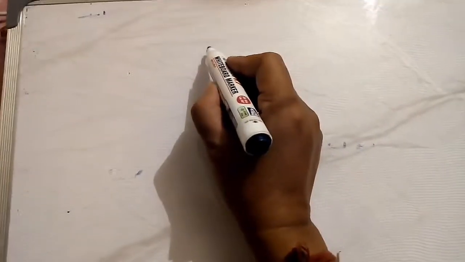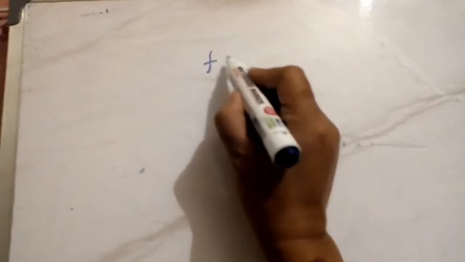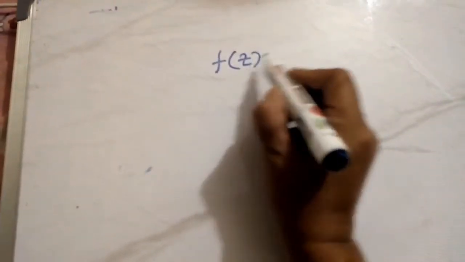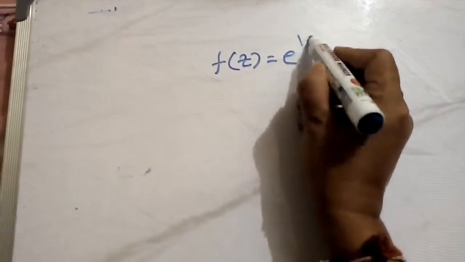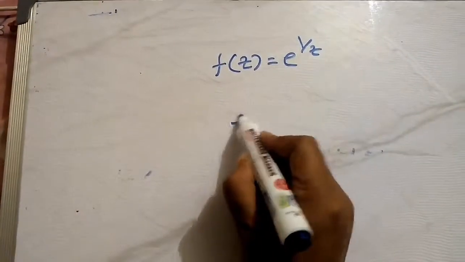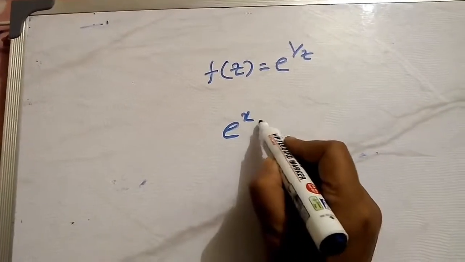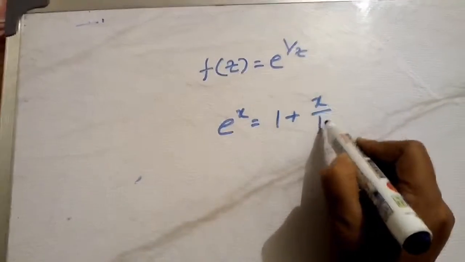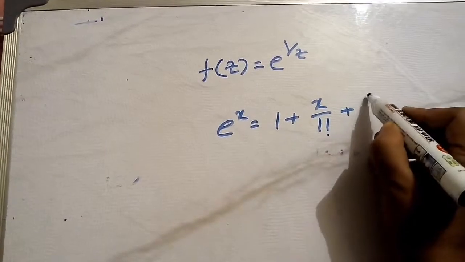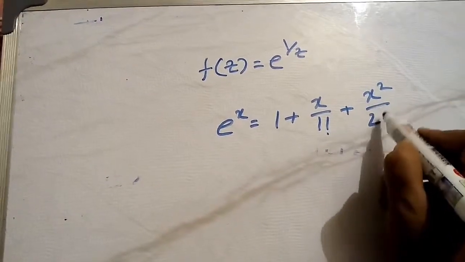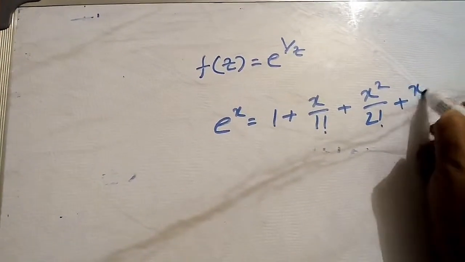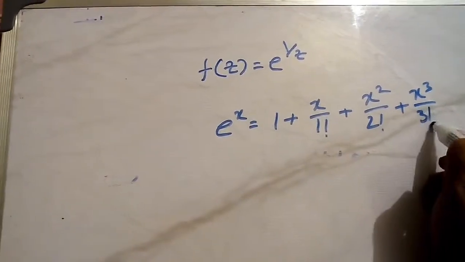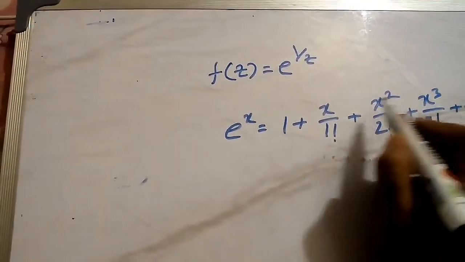So the math is f of z equal to e to the power 1 by z. We know the e to the power x series is 1 plus x by 1 factorial plus x square by 2 factorial plus x cube by 3 factorial plus dot dot dot.